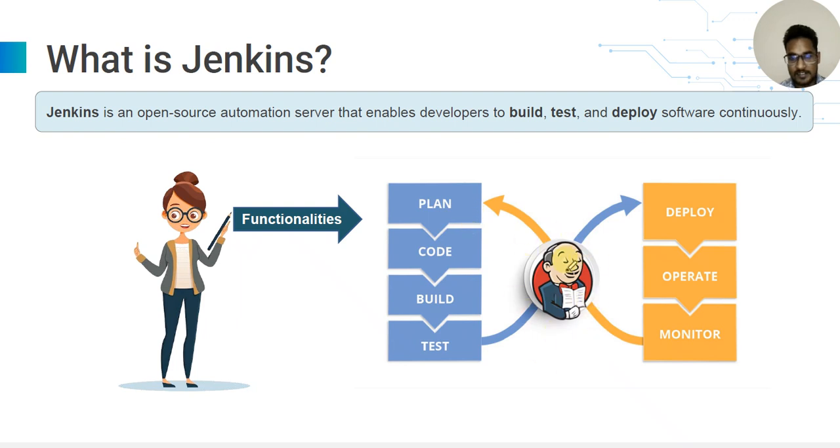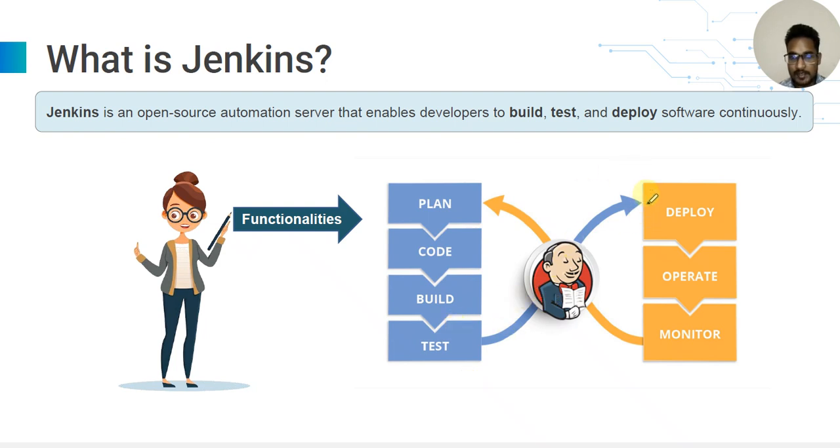This is Jenkins architecture. So this is a plan. First is a plan. Second is a code. Learn the code. Third is a build. Make the software, that is a build. Next is a test. Software test. Any issue, so monitoring the test. Okay.